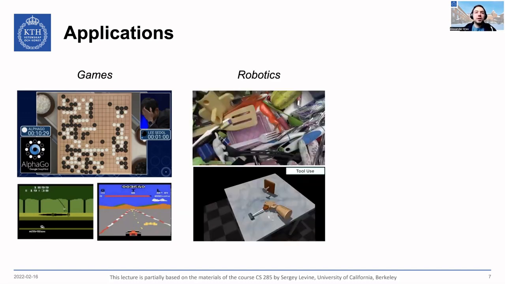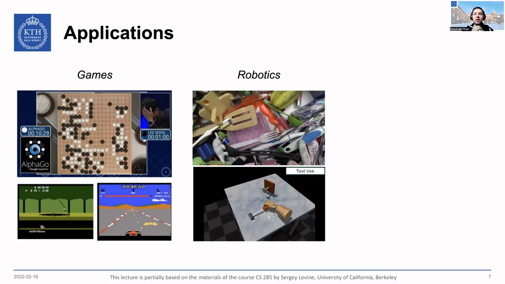Another application that's very close to us as a robotics lab is robotics. Mostly if you're talking about robotic tasks, it's a robot having to interact with the environment. When the robot interacts with the environment, it performs some actions, and it obviously has some consequences.